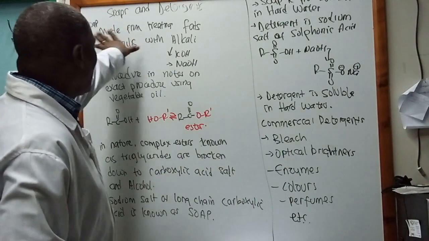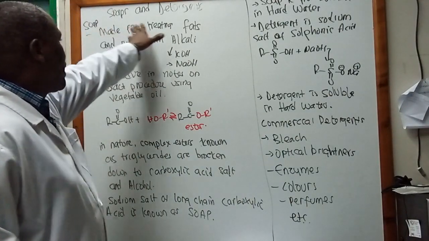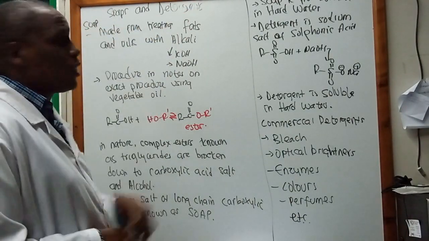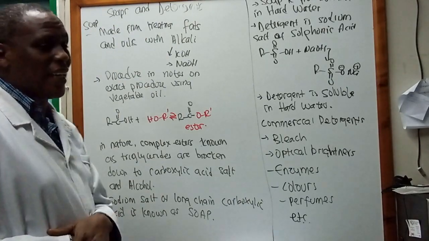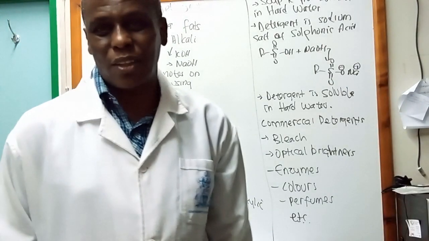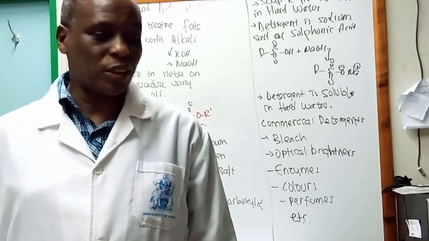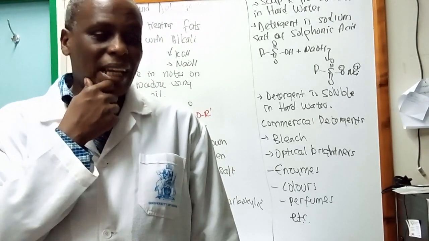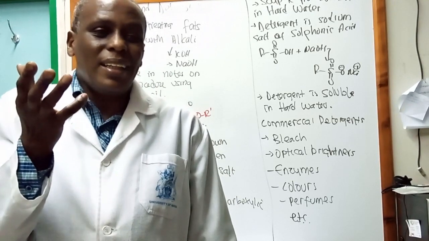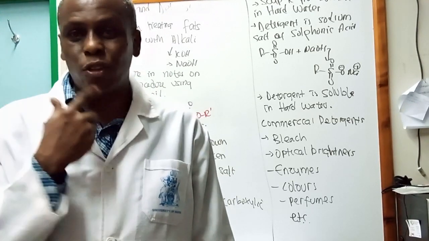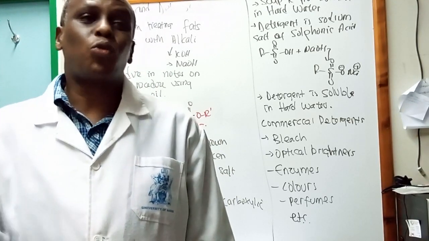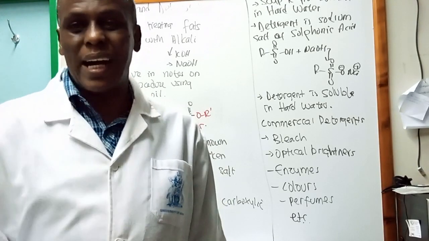So let's say that the soap is made up of treating fats and oils with alkali. The difference between fats and oils is actually the melting point. A fat is going to be a solid at room temperature, as opposed to an oil which will be a liquid.